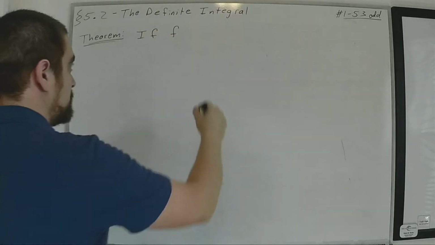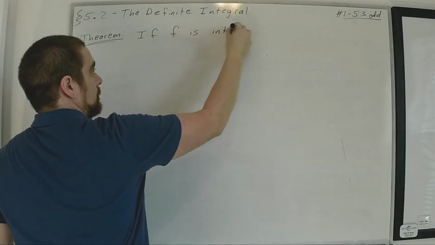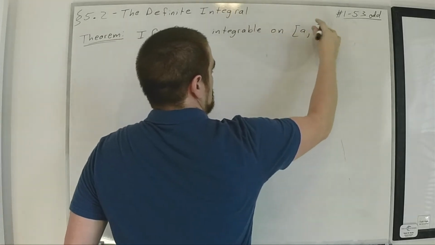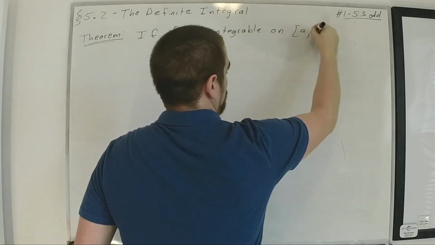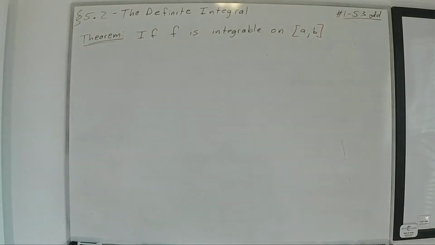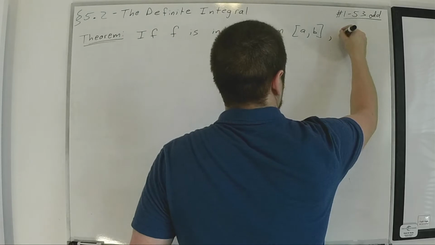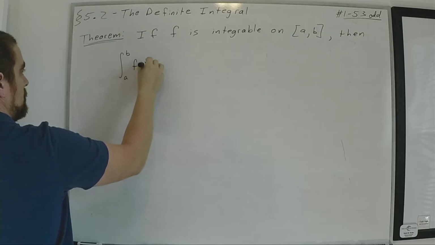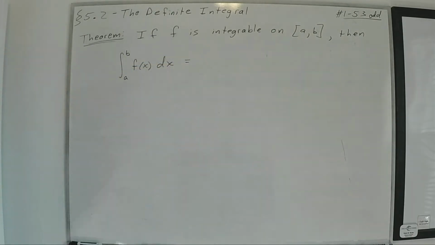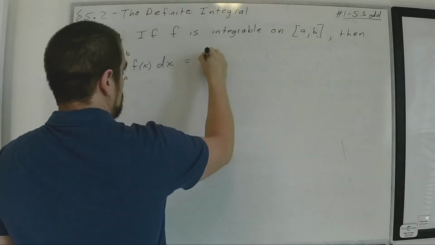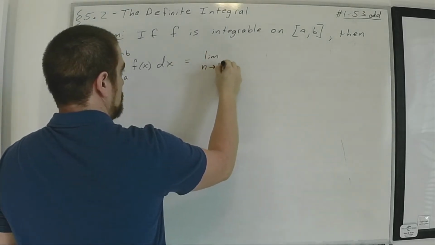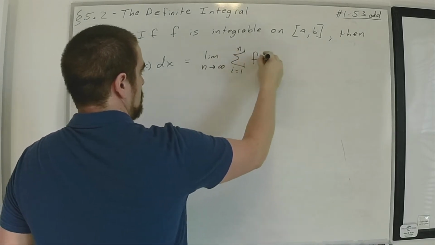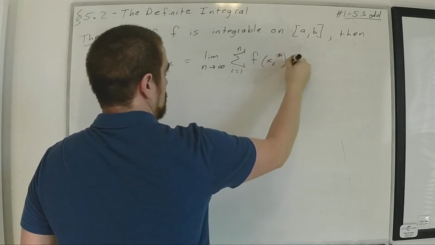So we'll say if f is integrable on the closed interval a to b, i.e. it's continuous or it only has a finite number of those jump discontinuities, then the integral from a to b of f of x dx is going to be equal to the limit as n goes to infinity of the sum from i equals 1 to n of f of x_i star delta x.